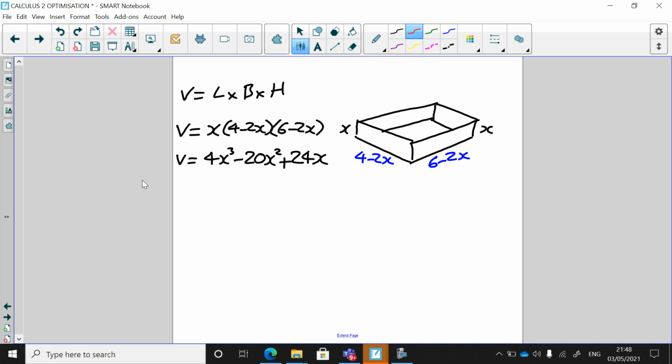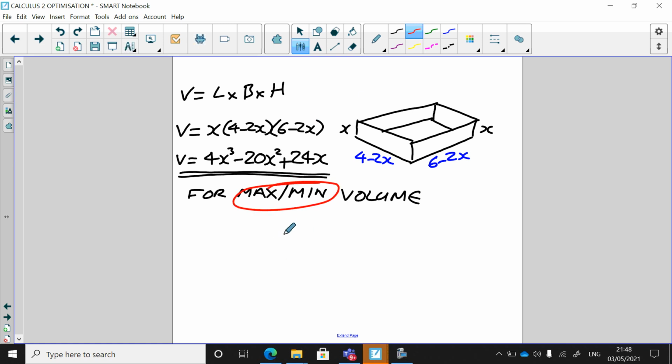Sort yourself out. Okay. So we're looking for a volume here, and they're talking about looking for a maximum and minimum volume. So whenever they're talking about max and min, they're talking about differentiation.